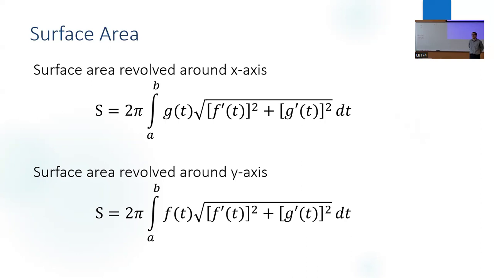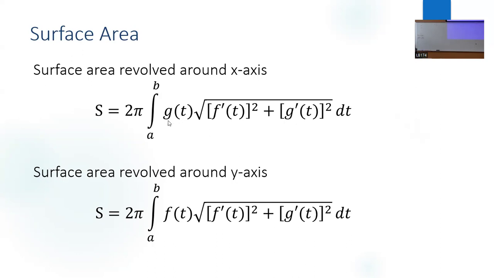Notice that the g of t and the f of t that are not underneath the square root, that's just the original functions, not the derivative of the functions. The pieces underneath the square root are the derivatives of the functions.